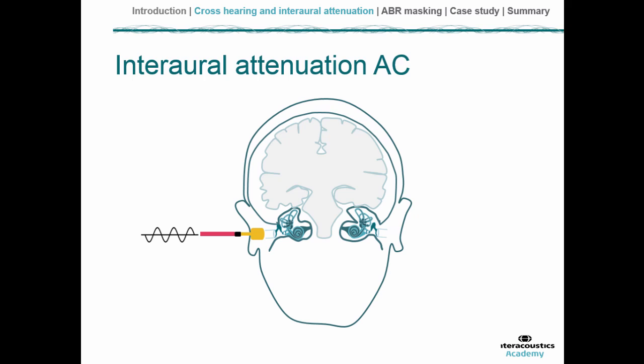But the insert headphone is in contact with the soft tissue and the skull surrounding it via the sponge of the insert, and so with a high enough sound intensity, then the bones of the skull can still be set into vibration, and those vibrations can pass over in the same way as we showed before to the opposite cochlea, the contralateral cochlea.